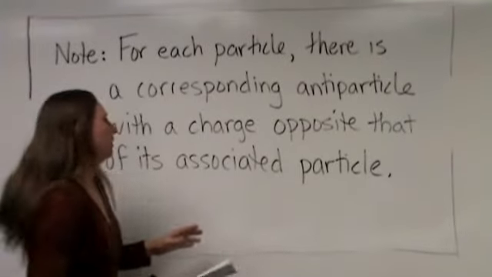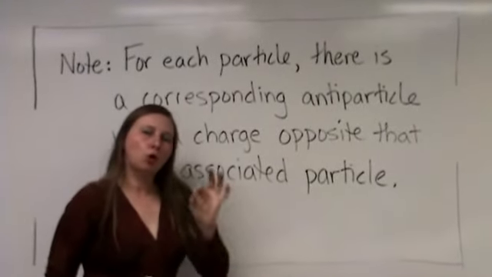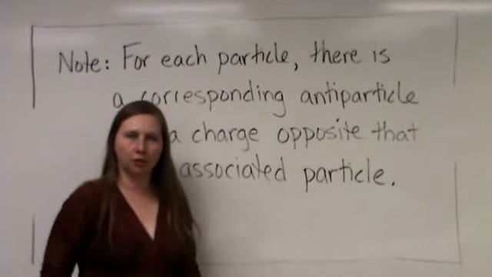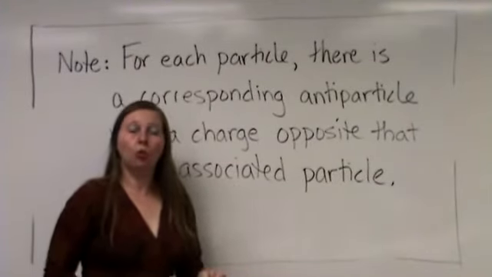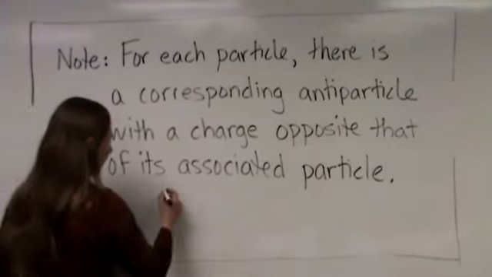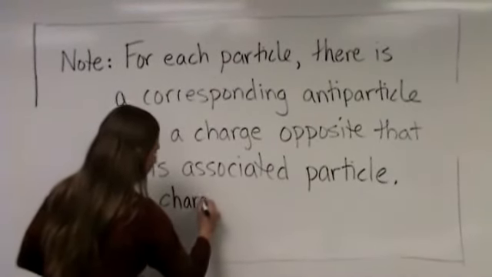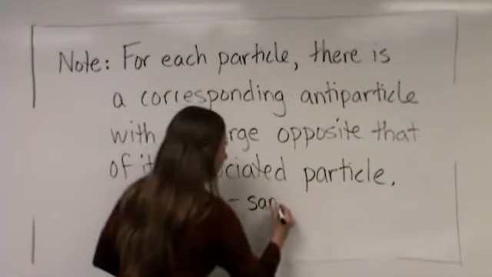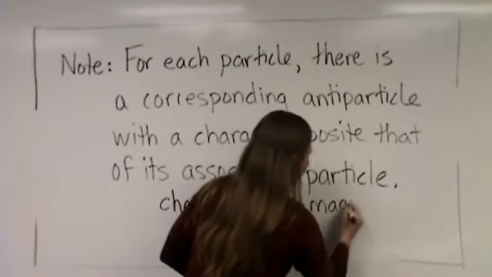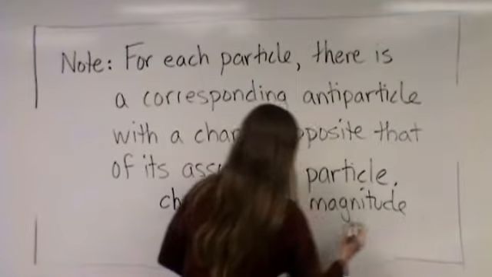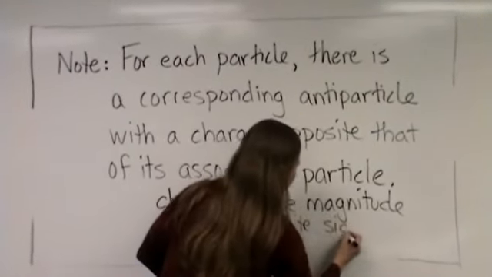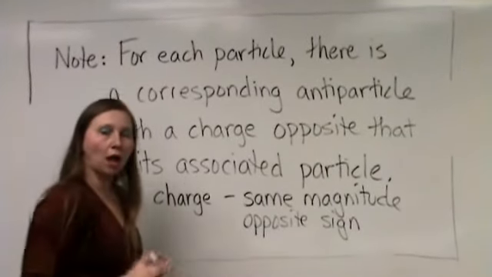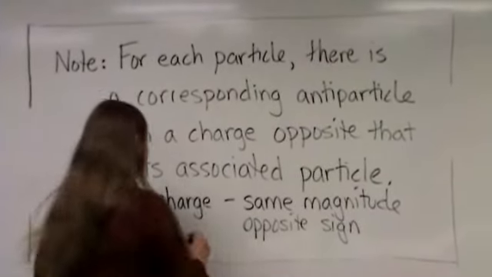All that's saying is that if the charge on an up quark is positive 2/3, that means the charge on an up antiquark would be negative 2/3. The particle and the antiparticle have a charge with the same magnitude, opposite sign. And while we're at it, the same mass.